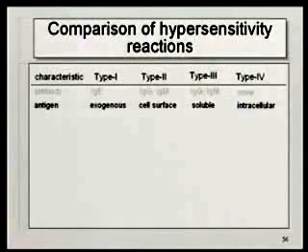Antigen is most of the time exogenous. I do not know of any type 1 hypersensitivity where the antigen is endogenous. Okay? In the case of type 2, usually endogenous antigens, but it can be exogenous, and the antigen is distributed on cells and tissues.